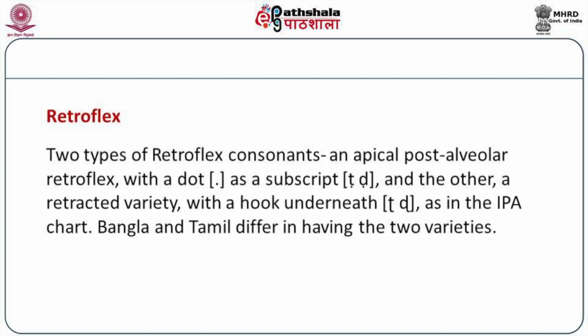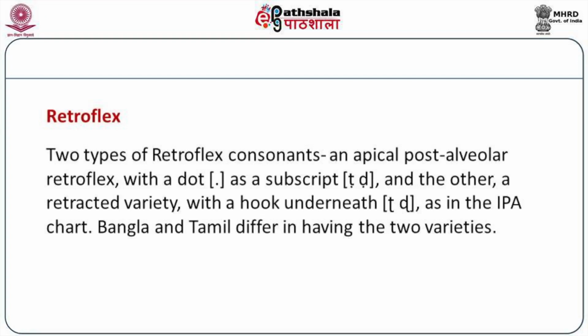Now, we have two different symbols for representing these retroflexes. For a strong one, take a look at the chart, you will find that for the retroflexes, you have a hook underneath, a subscript, an underneath hook below these consonant symbols. For a soft one, we use the device of a dot below a symbol.